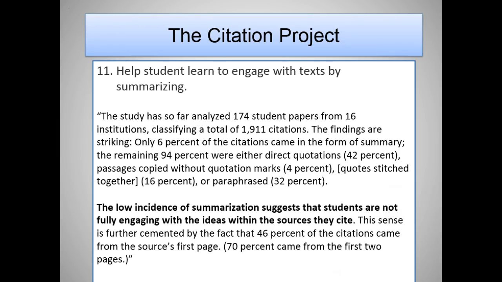The Citation Project suggests this: low incidence of summarizing suggests that students aren't really engaging with the ideas, so they're not really getting as much out of the research project as we probably hope that they do. We probably don't think that the citations are an end in themselves.